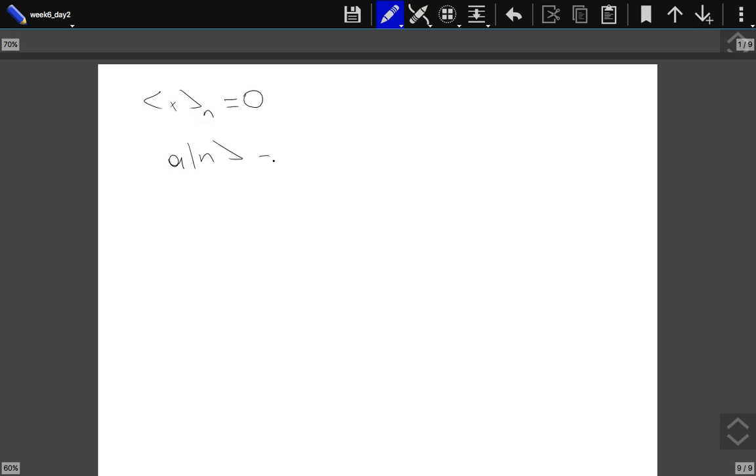So basically, we had used that a acting on n is equal to some number multiplying n minus 1, and a dagger acting on n will be probably some other number multiplying n plus 1. Now on Monday, we will see what is n and n prime. Now, any questions up to this point?